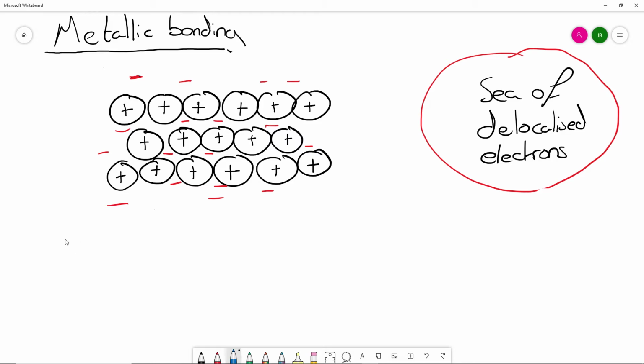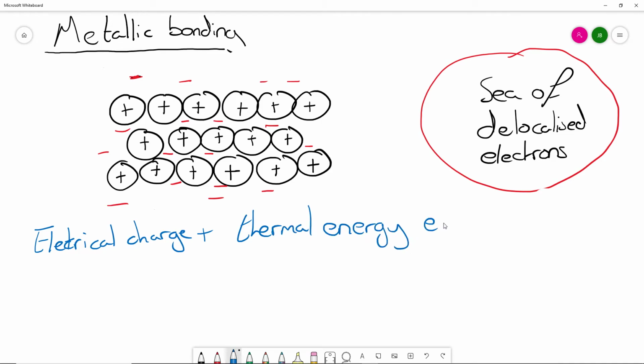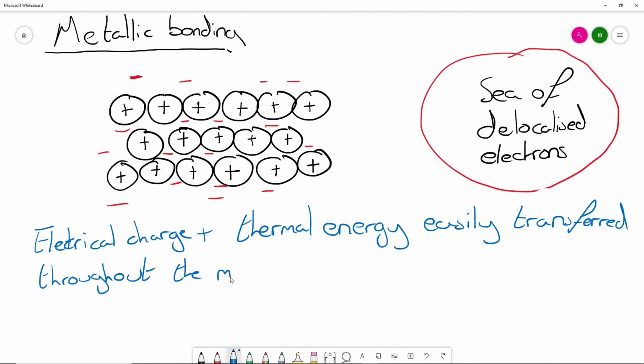And the reason, so this is electrical charge plus thermal energy easily transferred throughout the metal.